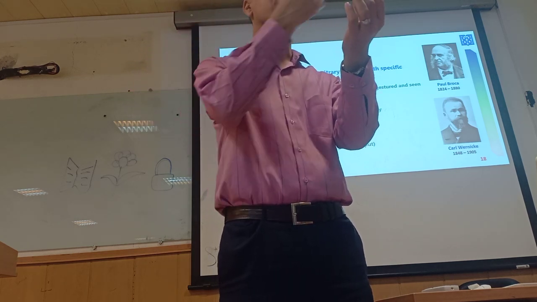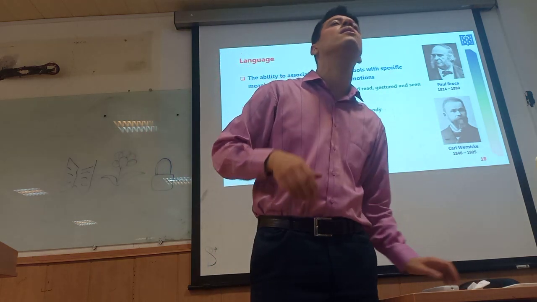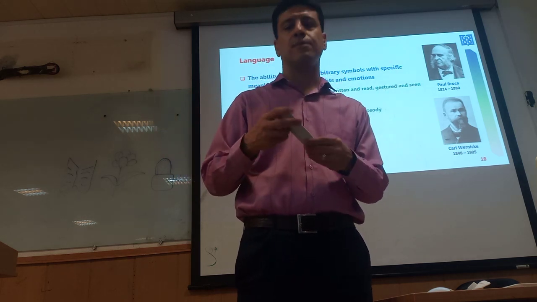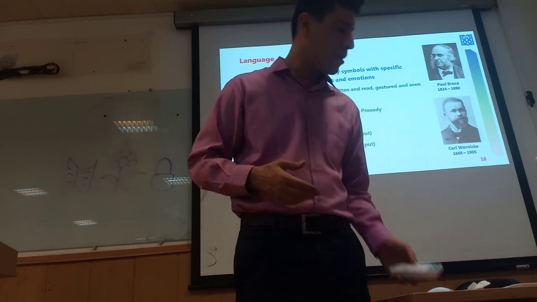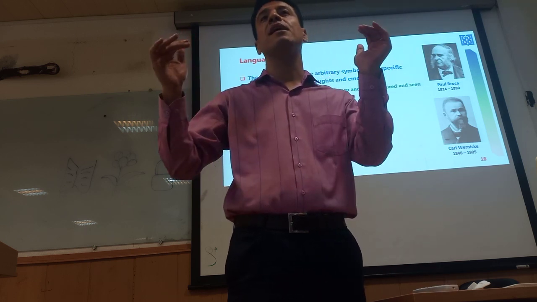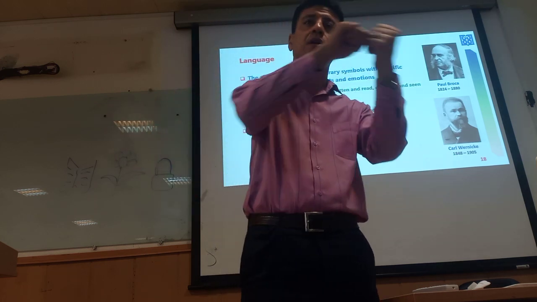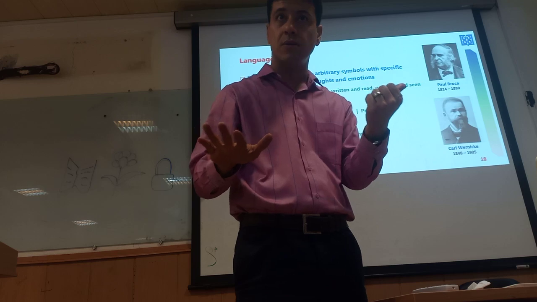So this sound means this object. I can use another arbitrary word, like control or remote control, for this concept. So there is an association between symbols and objects, or symbols and meaning. So this is the language, right?